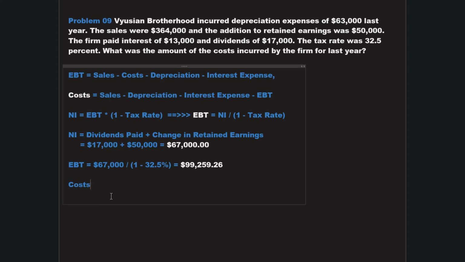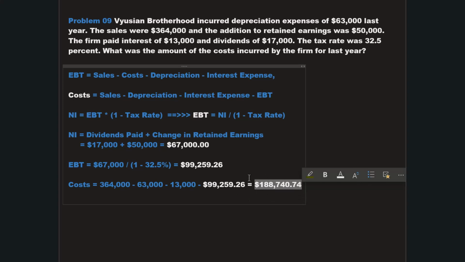So costs are equal to sales, $364,000, depreciation, 63,000, interest expense 13,000, and finally the EBT we just calculated. I'm going to be rather lazy and copy and paste it here. And the answer is 188,740.